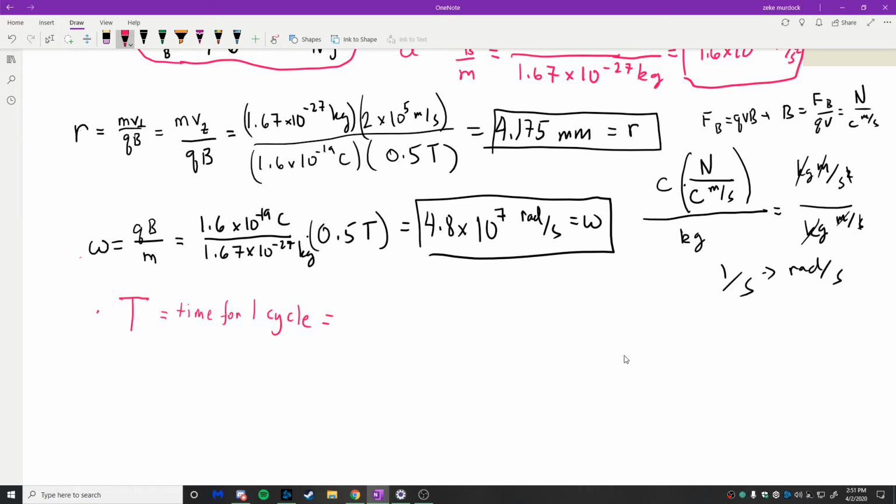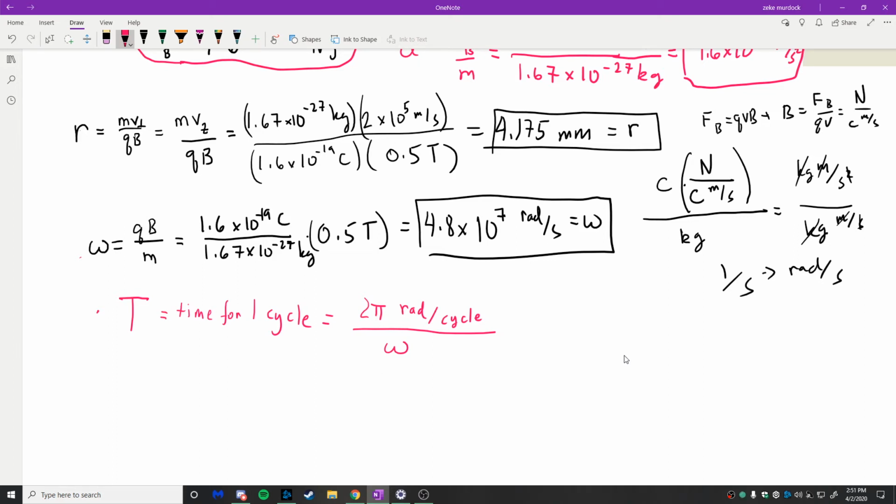It's the time for one cycle, right? And one cycle would be how many radians? Everyone knows that it's 2 pi radians per cycle, right? And you just have to divide by omega then, because this is the number of radians per second, and that'll give you the seconds per cycle, right?